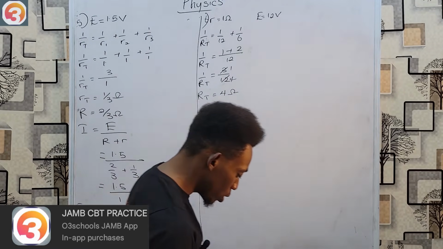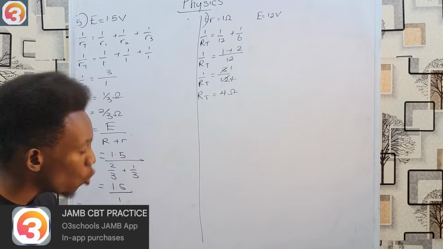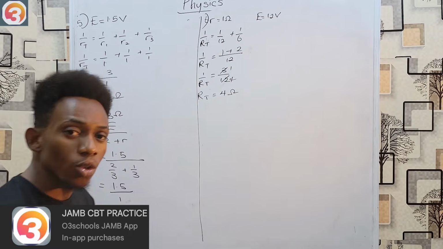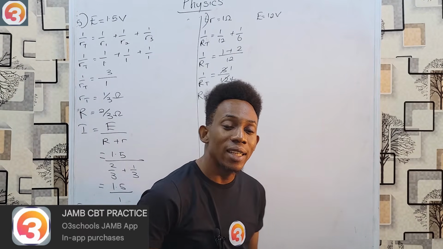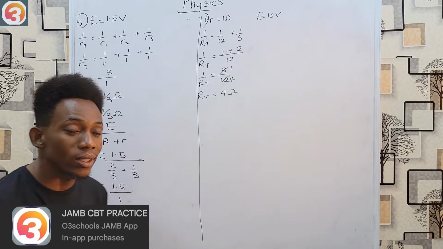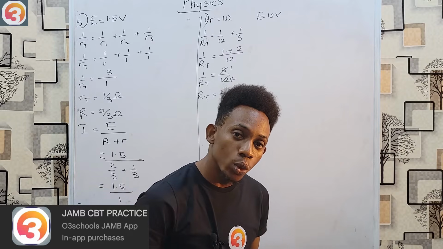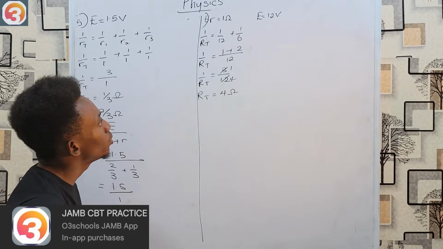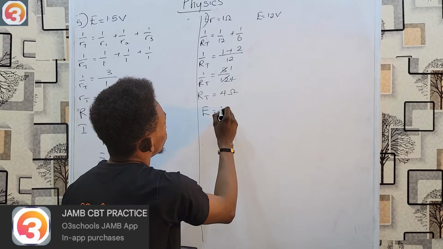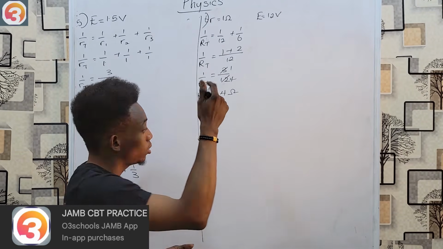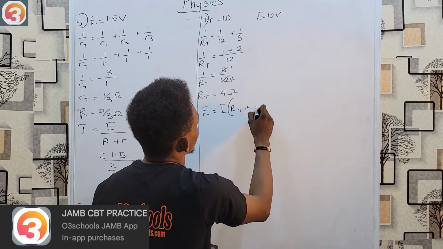Now, if you recall, what you're looking for is the current in the 12 ohm resistor. Because these 2 resistors are in parallel, they have the same voltage and share the current. So all I truly have to find right now is, E equals I, which is the overall current which they will share, times R total plus r.